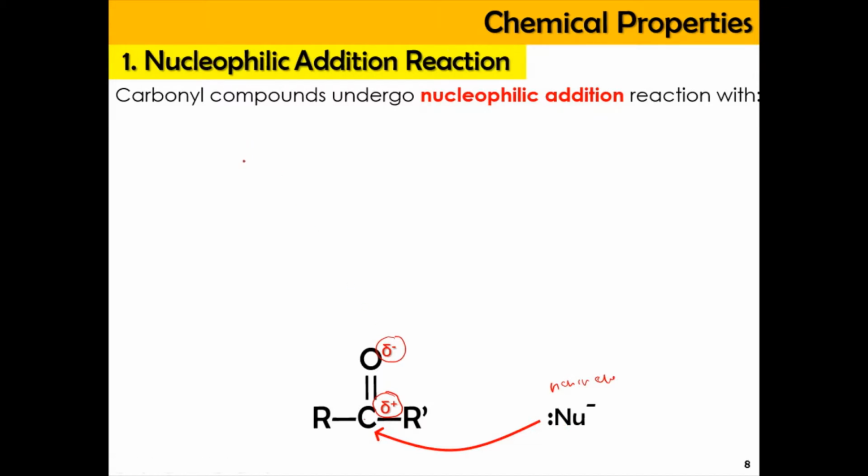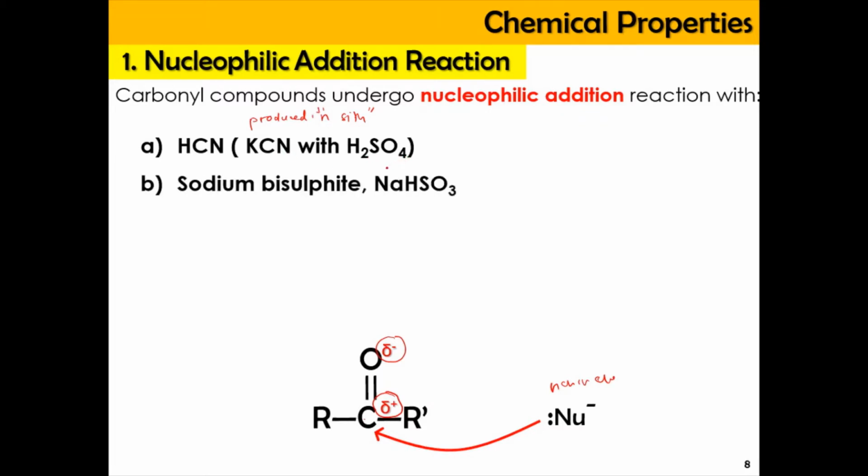So the nucleophile that we're going to look at first is HCN, where it's going to be produced in situ, okay, secara terus, when the KCN reacts with the sulfuric acid. Next, we're also going to look into the nucleophile of sodium bisulfite, which is NaHSO3.